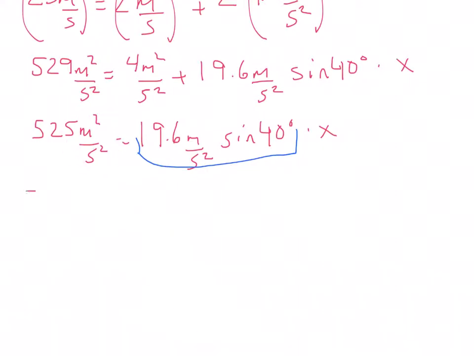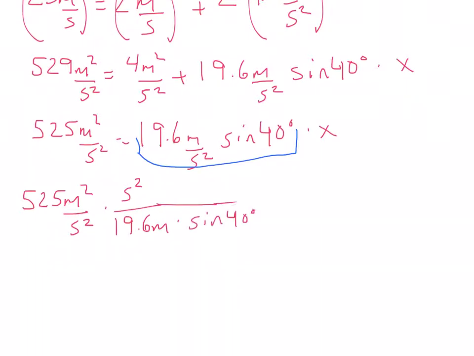So that leaves me with 525 meters squared over second squared times second squared over 19.6 meters times the sine of 40 degrees is equal to x. And notice the second squares cancel, one of the meters over here cancels. And when I evaluate this whole expression here, I get that x is equal to 41.67 meters. And that is your answer.